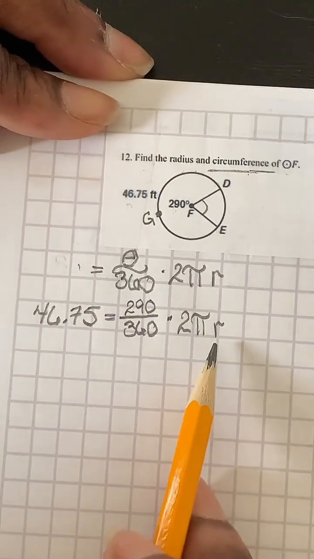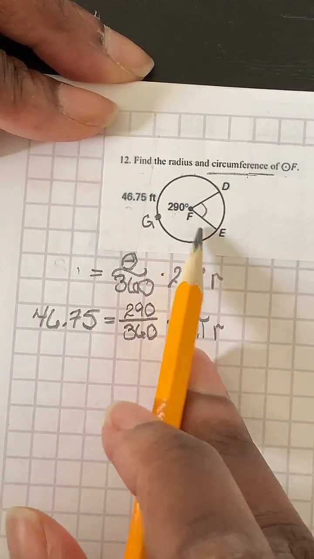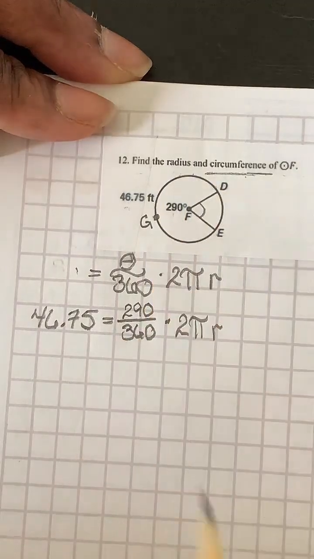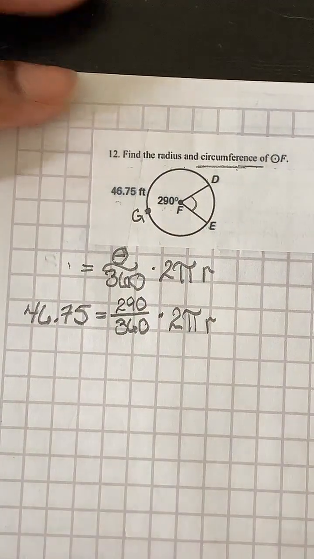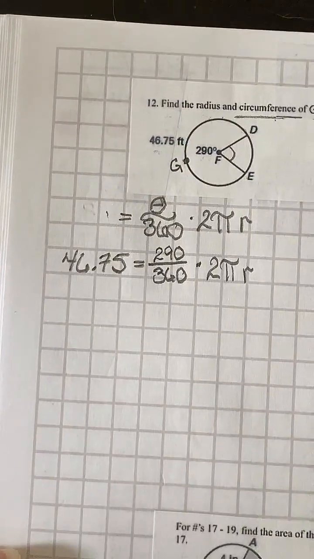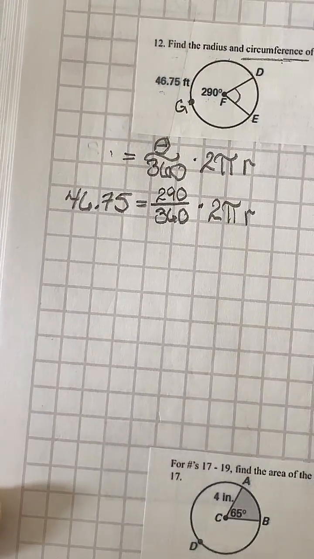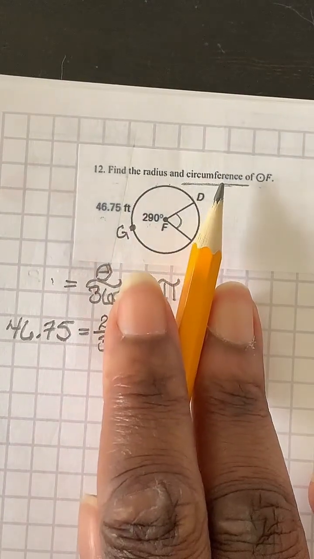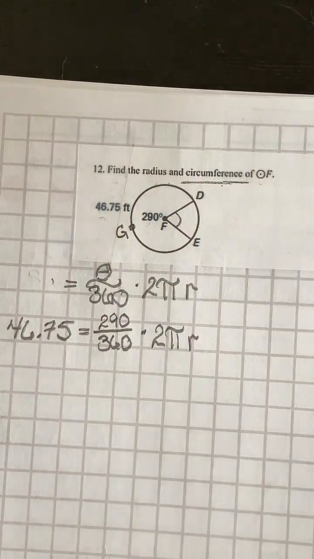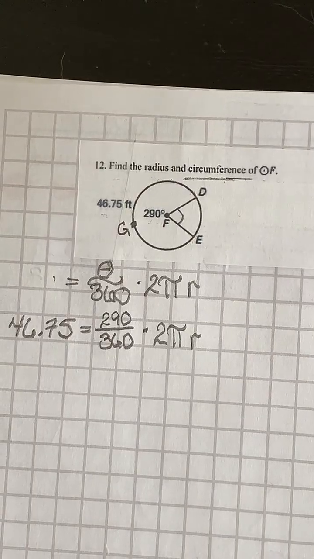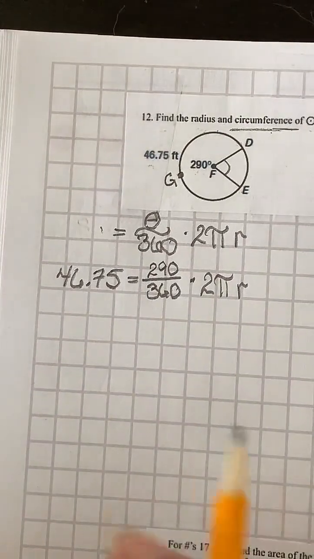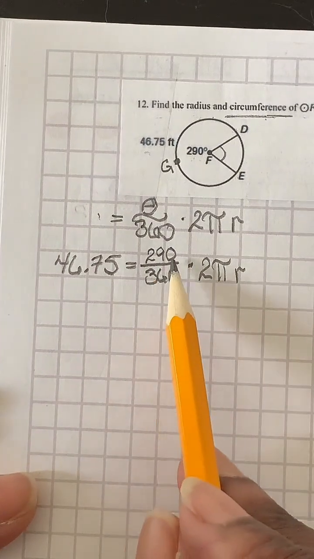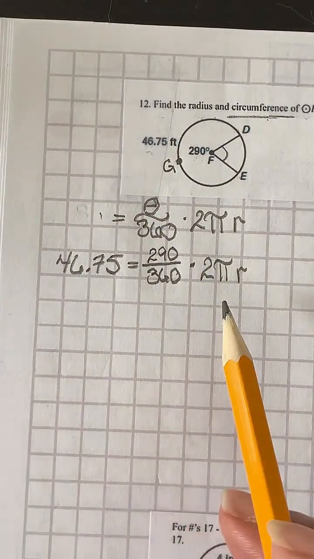The reason we're leaving it as r is they didn't give us the radius, and that's one of the things we're looking for. So we're going to do a little bit of reverse algebra to figure out A, our circumference, and B, our radius. It'll be a lot easier if we figure out what 290 divided by 360 is.